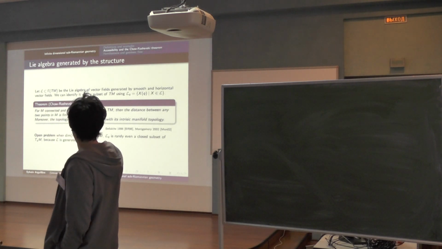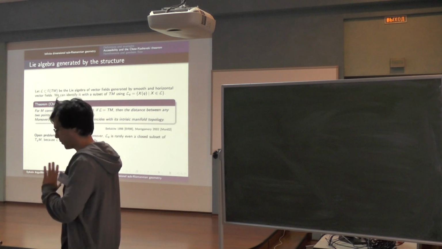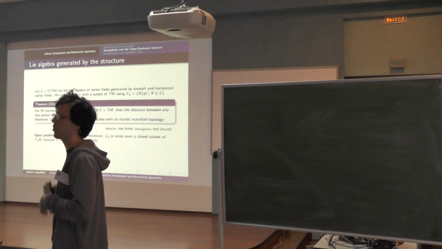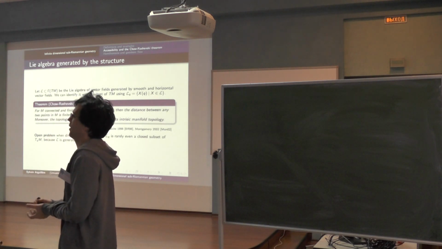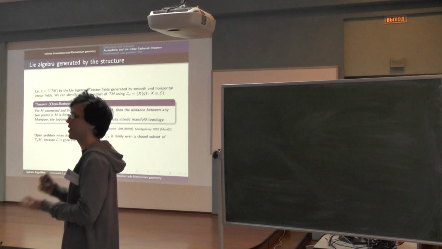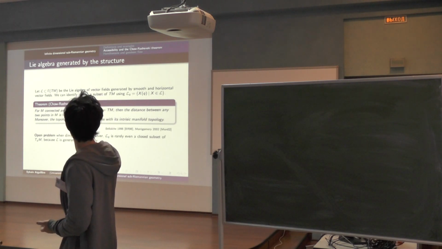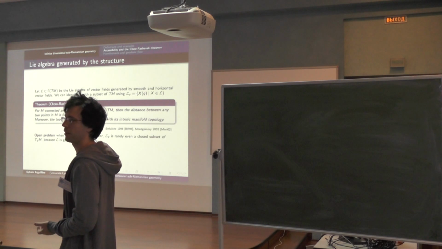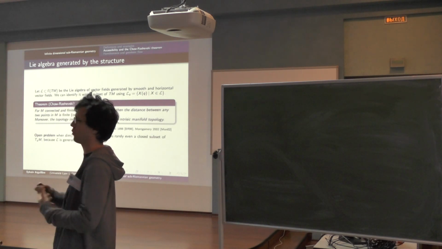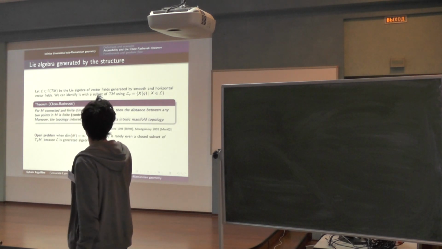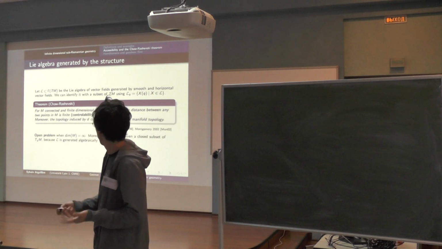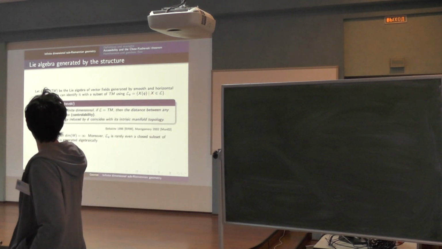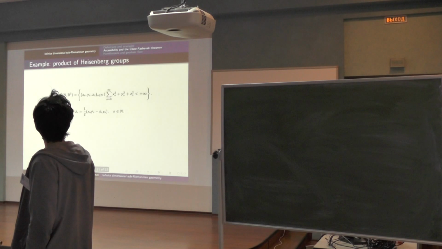What I mean is, it's hard to expect this condition to be satisfied, right? Because L is generated algebraically, and this is a Banach space. So usually it's going to be impossible to satisfy.